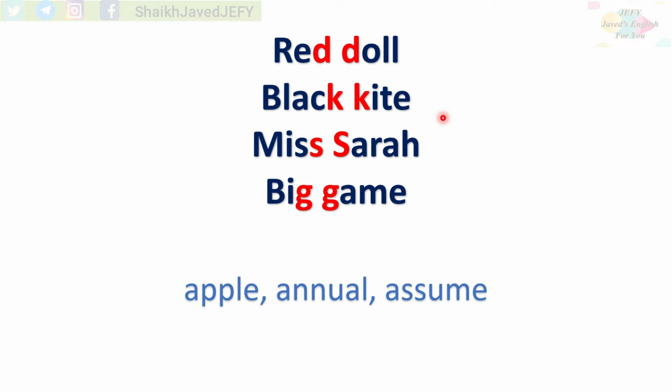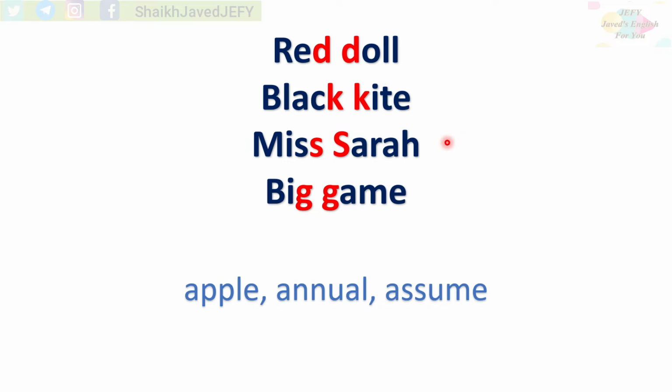In the third example we have miss. This word ends in S sound, and Sarah starts with S sound. Once again, you have to mix these two sounds, and you can say Miss Sarah, Miss Sarah. It looks like you dropped one S sound.